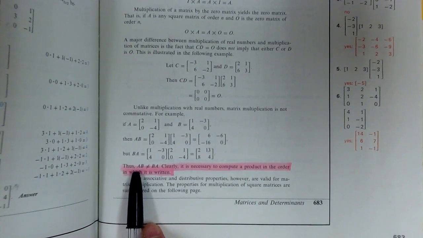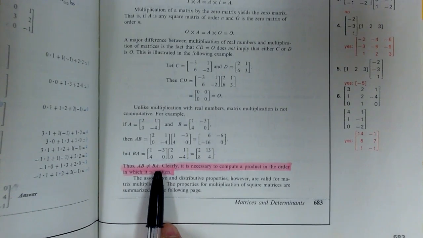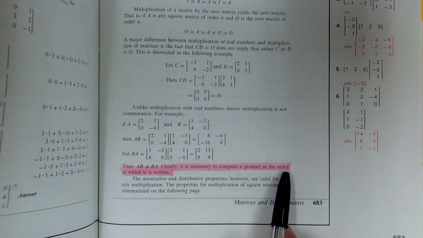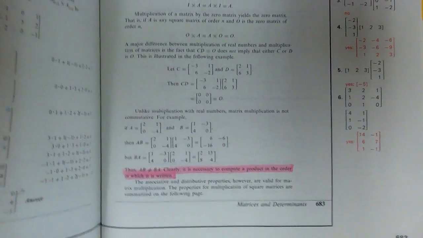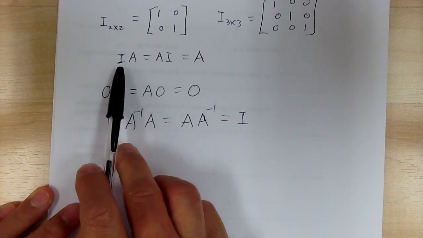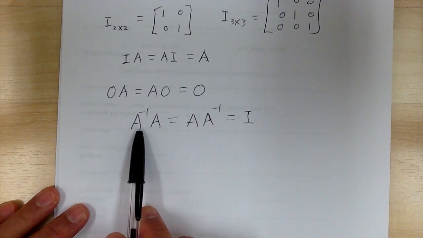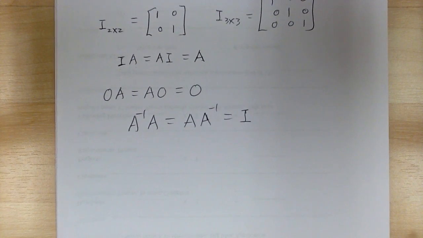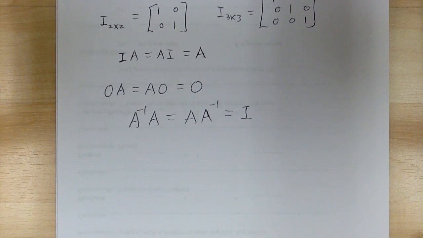In matrices, A times B is not equal to B times A in most cases. So it is necessary to compute a product in the order in which it is written. You cannot switch the order around, unless you have special cases like the I or 0 matrix or the inverse. Those are cases where you can switch and the answer is still the same, but most of the time it's not going to be the same.